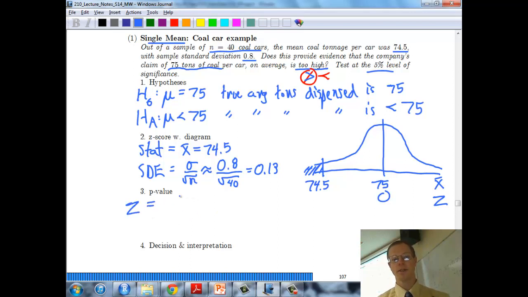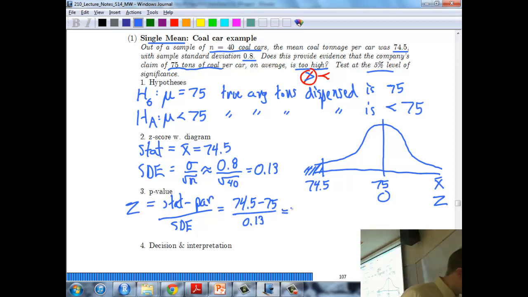So z is stat minus parameter over standard error, which is 74.5 minus 75 over 0.13. And z-score turns out to be minus 3.95. Okay, so minus 3.95 is my z-score for that.